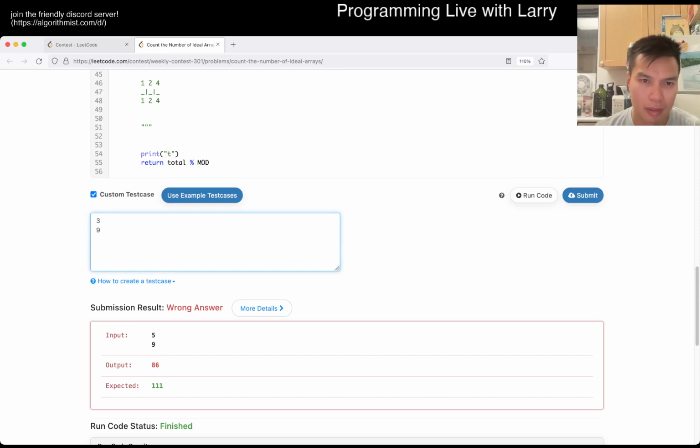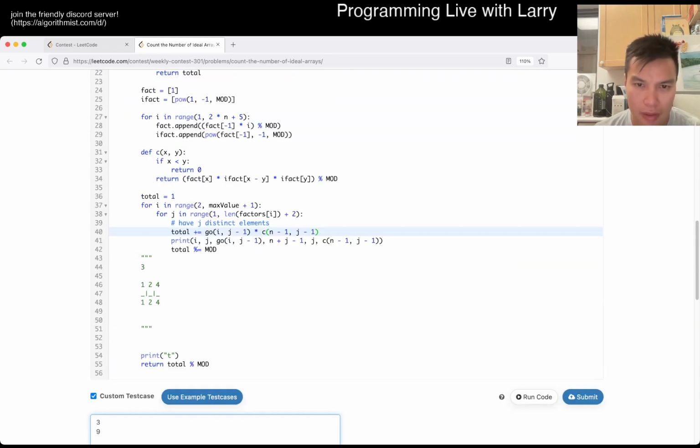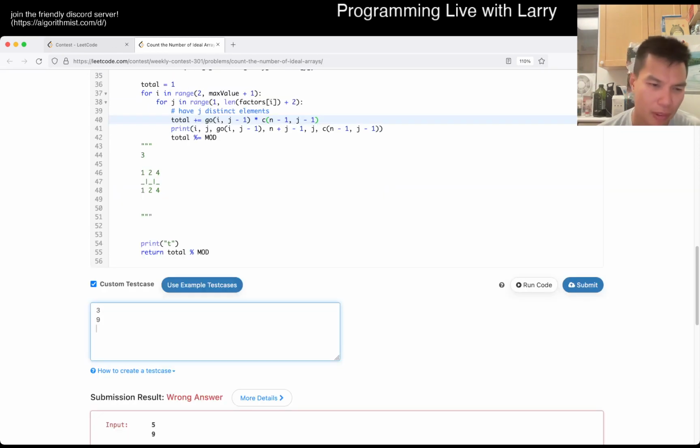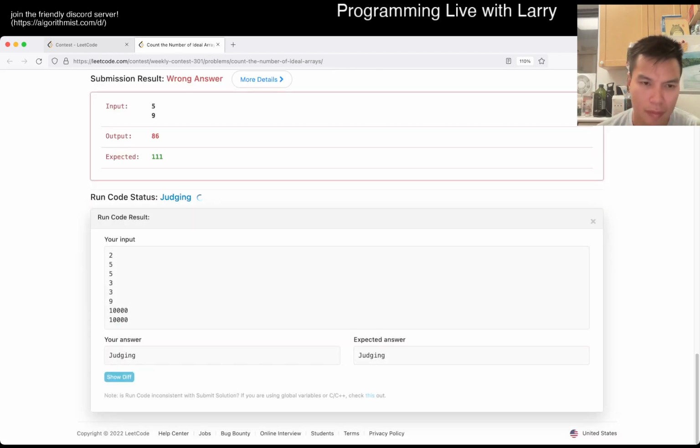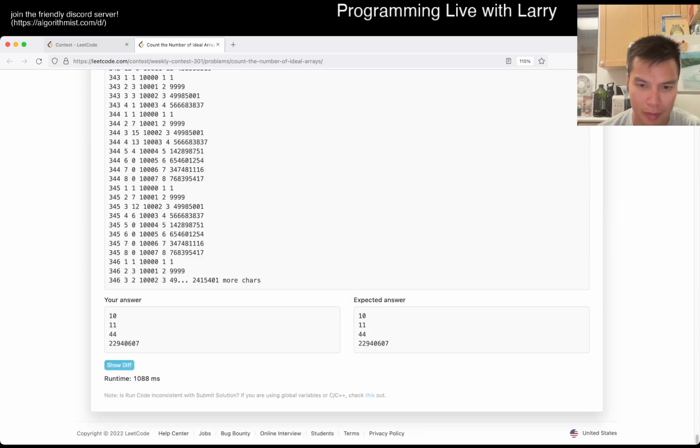That's really weird. Why is this different from before? Whoops, I printed it. We got the right answer.